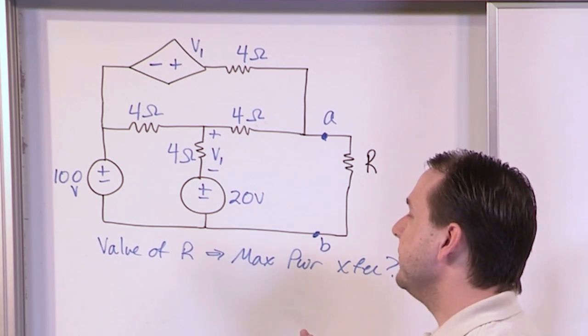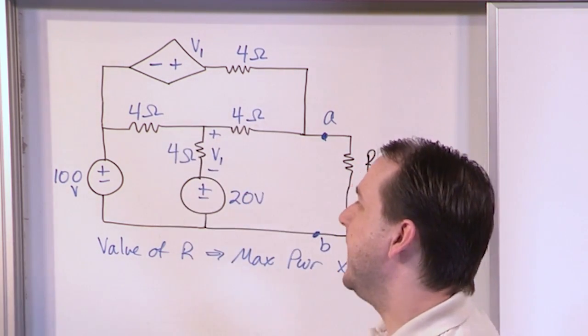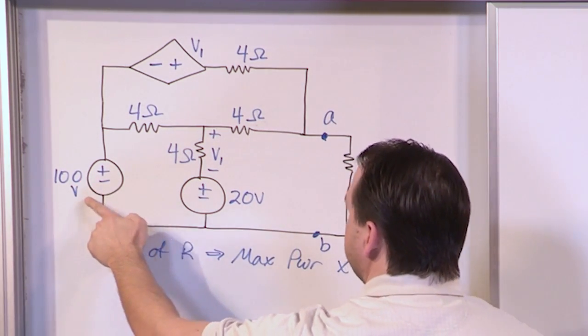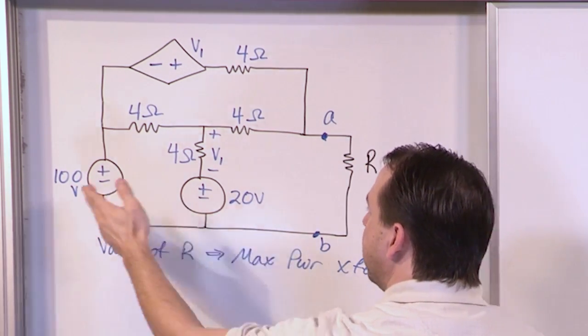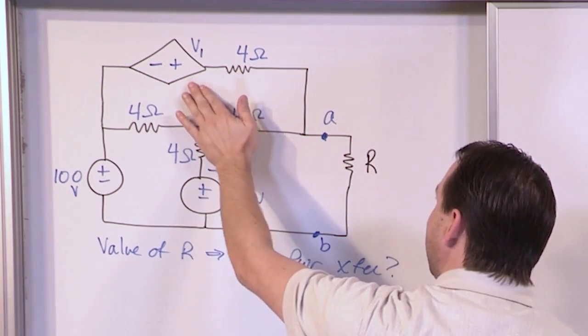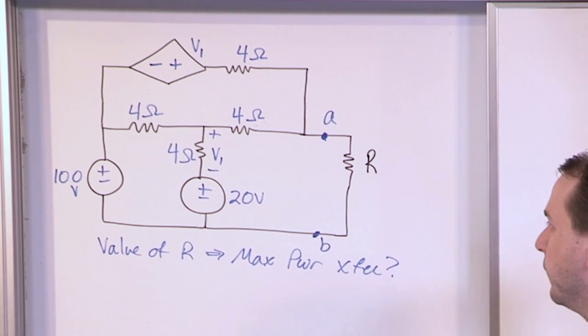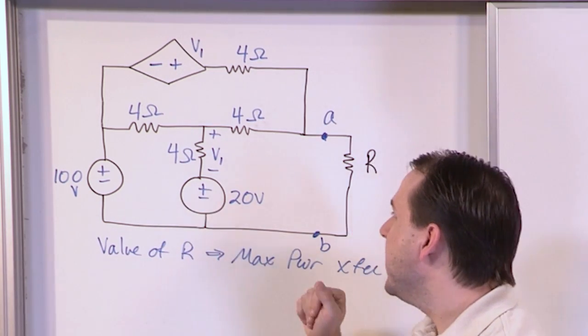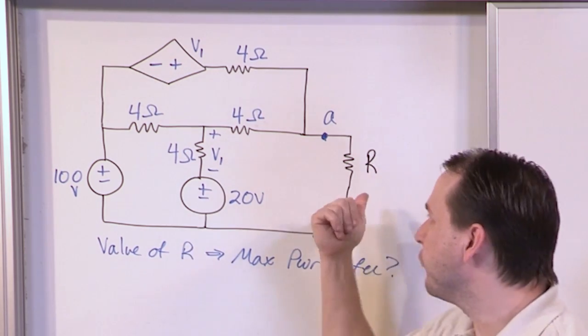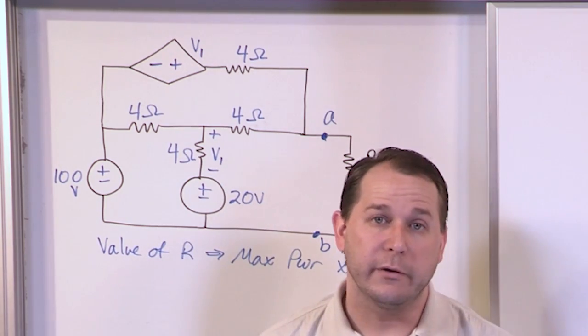Another way that we can do it, that we talked about when we have these sources like that, is we can eliminate the independent sources. So this is a voltage source, and this is a voltage source. Since they're voltage sources, we can short circuit them, kind of eliminate them. We can't eliminate these guys, you can't eliminate the dependent sources, but we can get rid of these. And then we can hook up a test current, a test signal, to the terminals and drive it with a known current.